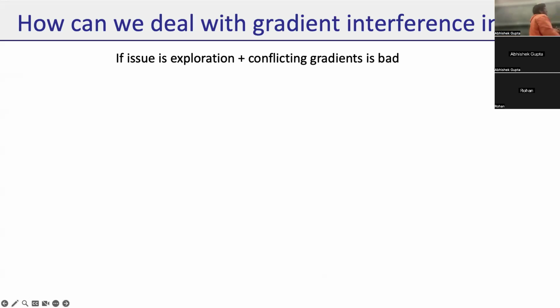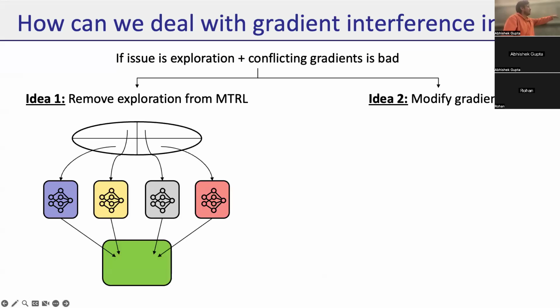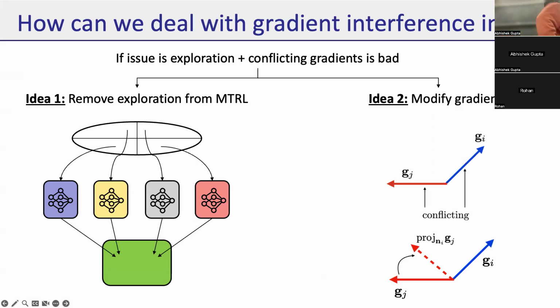I think you guys have basically covered both the solutions. If the issue is a combination of exploration and conflicting gradients, the first idea is remove exploration. The second idea is remove conflicting gradients, right? The first idea is similar to what Raymond suggested, where you train single agents that can do separate parts of things, but then combine them together, but not with exploration in the mix.